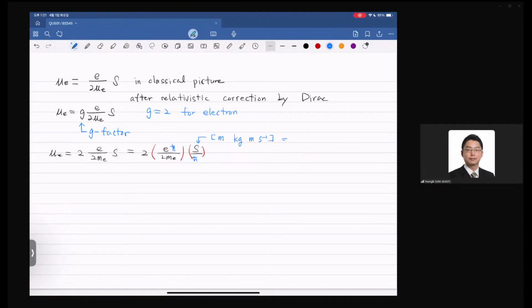If I rearrange it, the unit is kilogram meter squared per second. And the Planck constant's unit is known to be joule times second. Joule is work, right? Work is F equals m a, multiplied by the length. So you have this, okay.